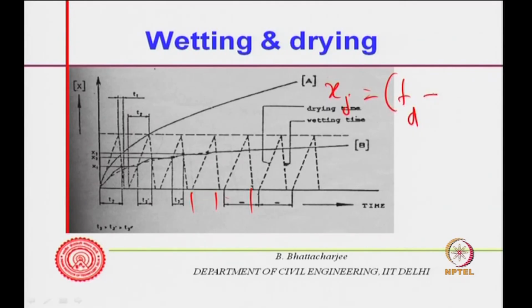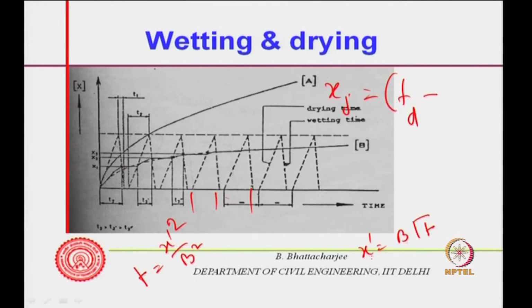So, T_d. Now, if you look at x dash, that is the moisture penetration depth, B under root T. So, the unit of B is actually distance or length divided by root over T. If I square it up, T would be x dash squared by B squared. So, what is the unit of B?